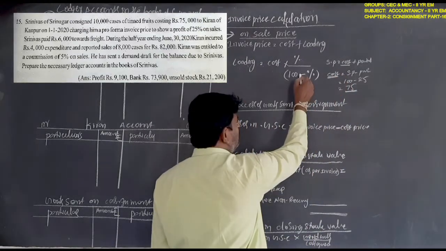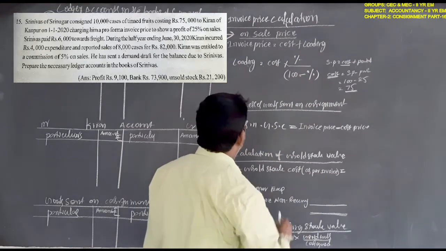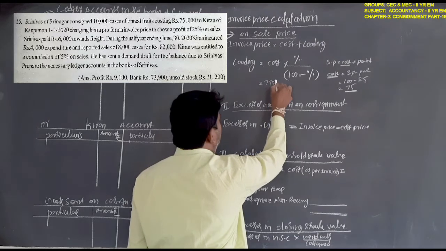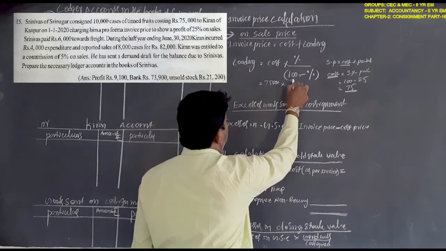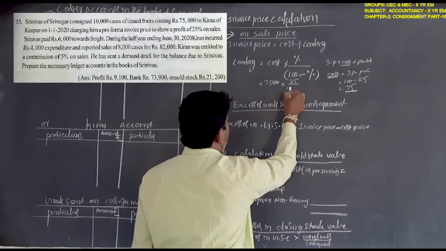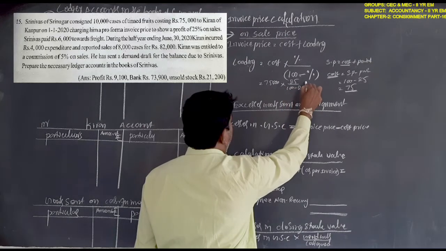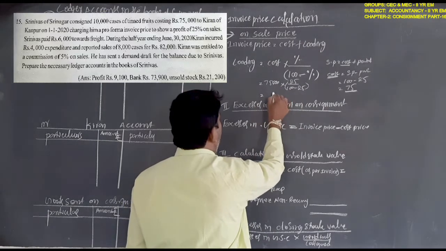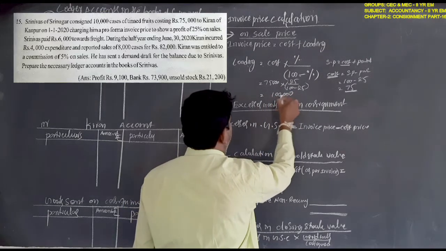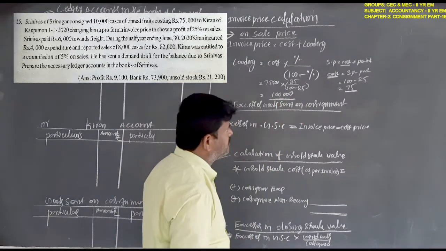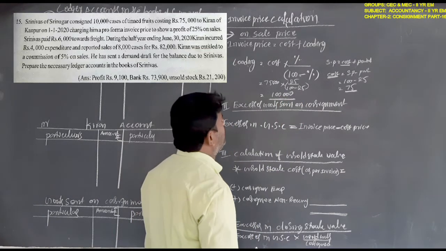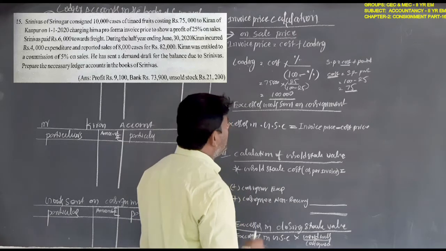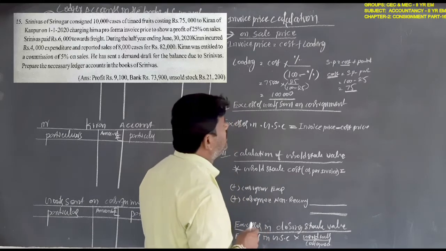So here, 75,000 into 25 by 100 minus 25, which is 75, gives 1 lakh rupees as the invoice price. 1 lakh rupees is the invoice price, meaning 25% extra.